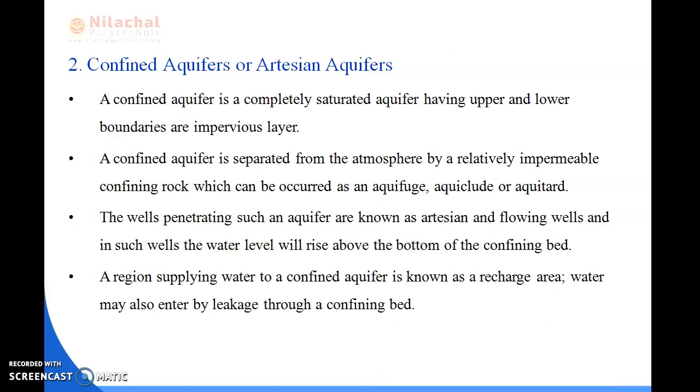Next is the confined aquifer, which can also be called an artesian aquifer. A confined aquifer is a completely saturated aquifer whose upper and lower boundaries are impervious layers. It is separated from the atmosphere by a relatively impermeable confining rock, which can be an aquiclude, aquifuge or aquitard.